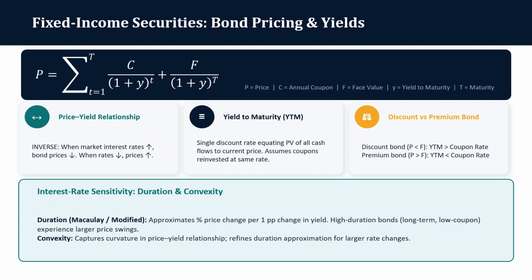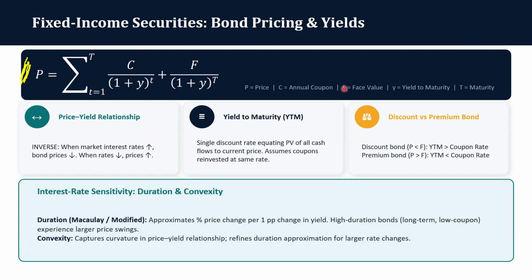In symbols, you can see it is written as this particular formula. Here, C is the annual coupon, F is the face value, Y is the yield to maturity, and T is the maturity period. So, the maturity period can run from 1 year to the time till maturity.